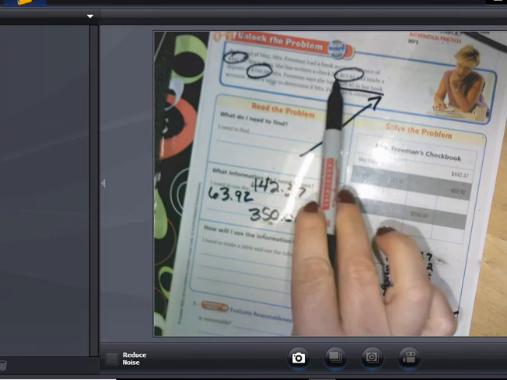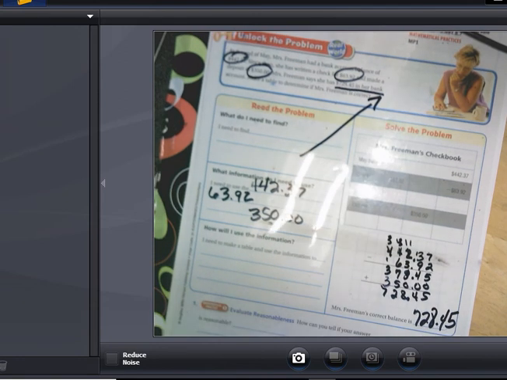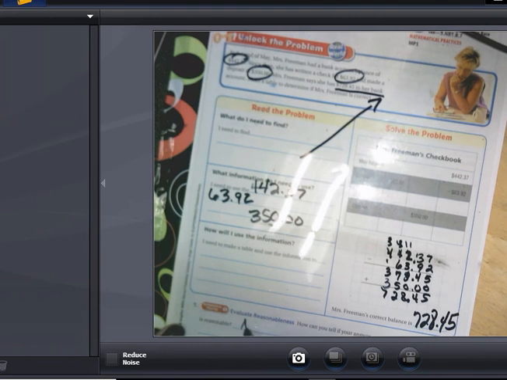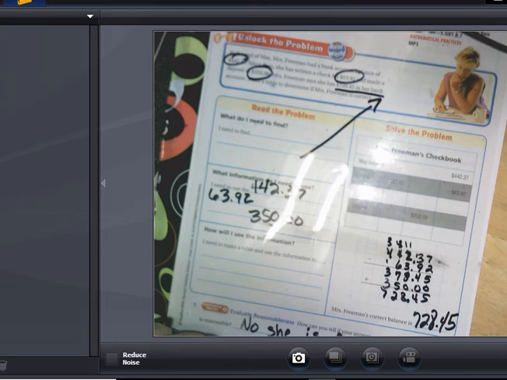So does she have $729? No, she had $728.45. She was close, but is close good in math? No. So our answer is no, she is $1 off.